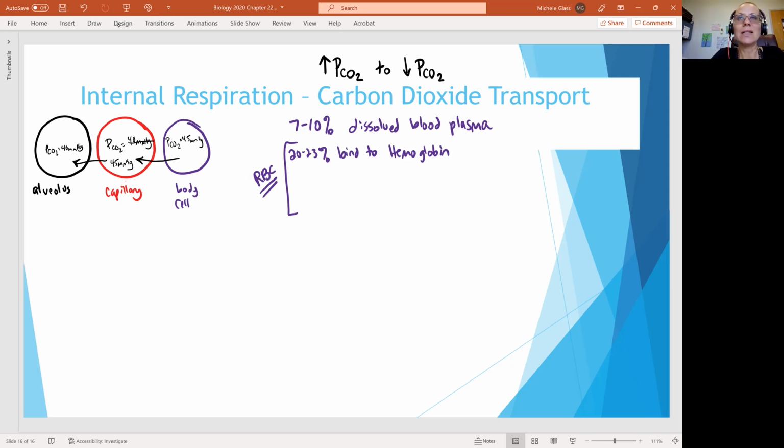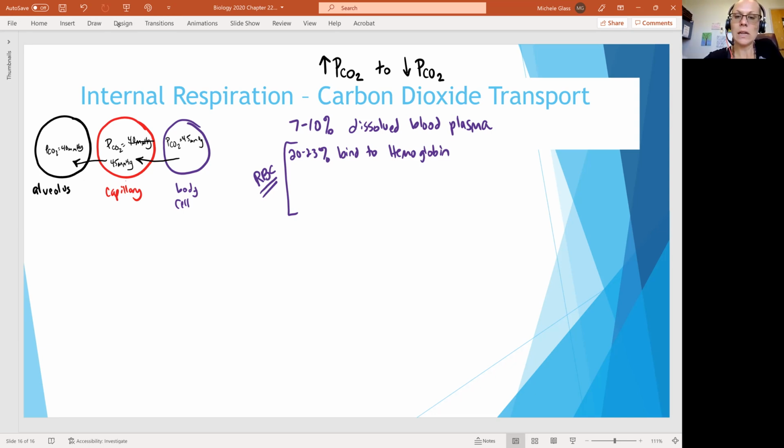And we said that the seat was made from the hemoglobin and the heme group and the iron. And CO2 doesn't bind to the oxygen seat. It has its own sort of reversible seat where it attaches.